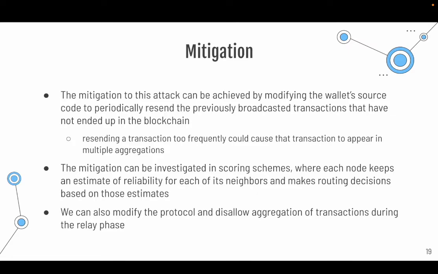But we need to note that resending a transaction too frequently could itself cause that transaction to appear in multiple aggregations, and therefore prevent some other transactions from ending up in the blockchain. The mitigation can also be investigated in scoring schemes where each node keeps an estimate of the reliability of each of its neighbors and makes routing decisions based on those estimates.